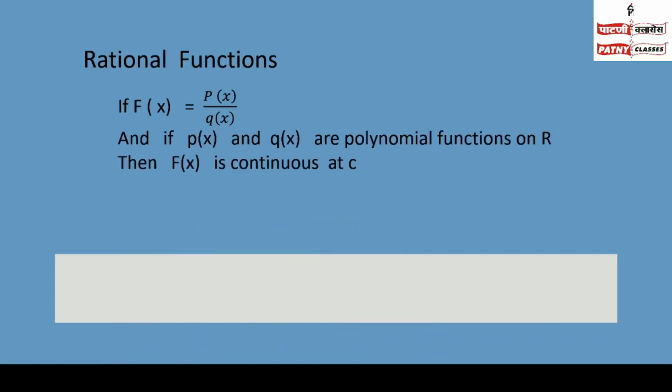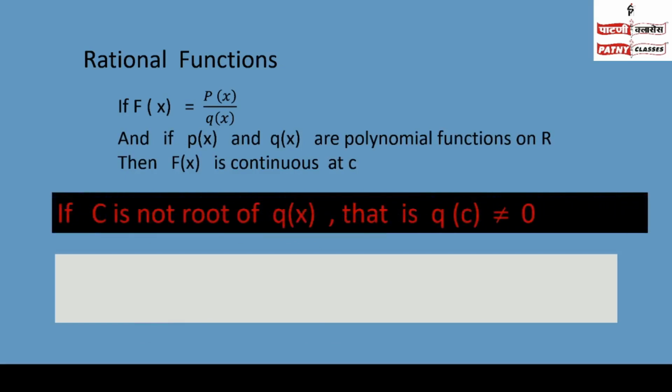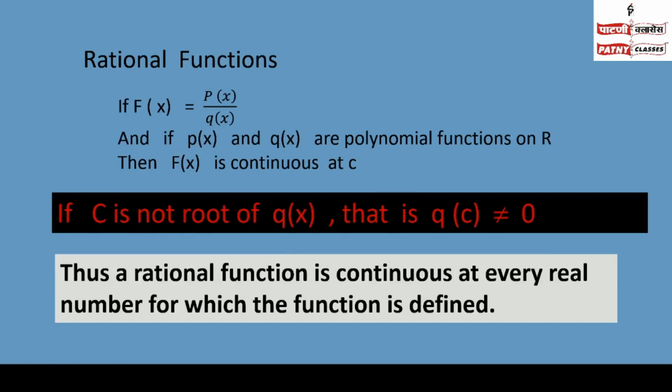Since f of x equals p of x upon q of x, it is a rational function, and if p of x and q of x are polynomial functions on R, then f of x is continuous at c if c is not a root of q of x, that is q of c is not equal to 0, then f of x is continuous.